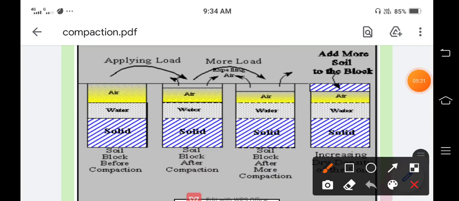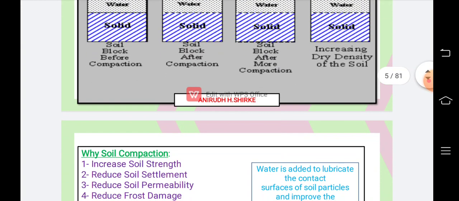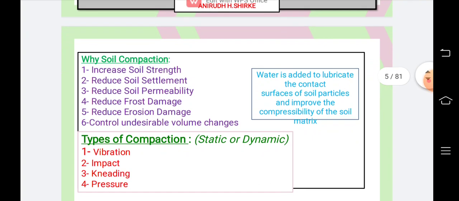In this diagram we see that we are adding soil to the gap which is created by applying more blows. We can fill this gap by adding more soil, so that the density goes on increasing, which means this soil mass is completely in a densified state.